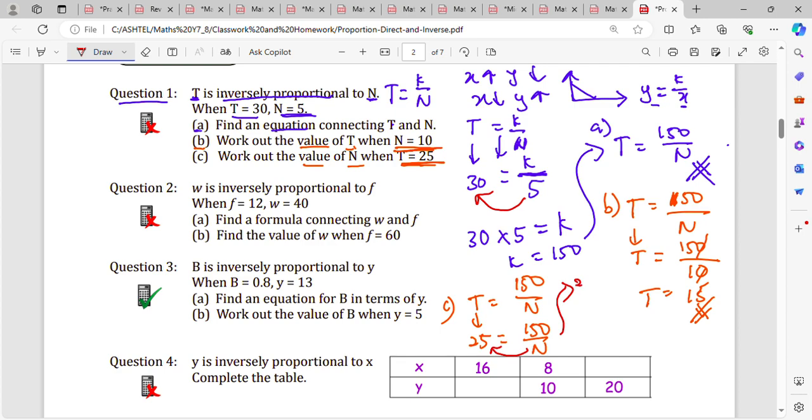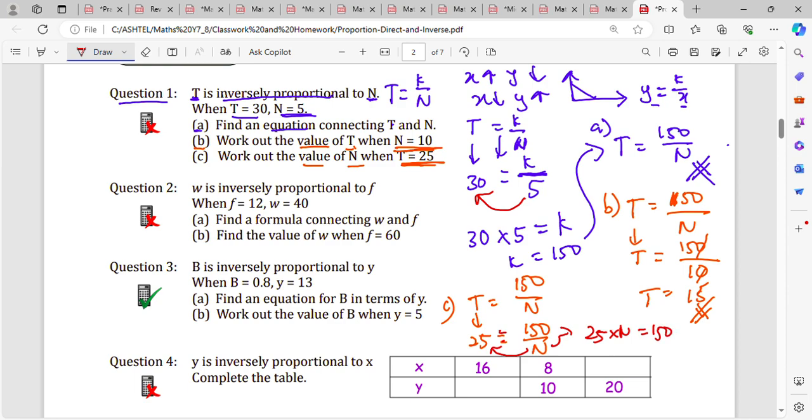It will change, remember. So it will be 25 times n equals 150. Let me write it again because it's clashing with the question there. So it will be 25 times n equals 150.